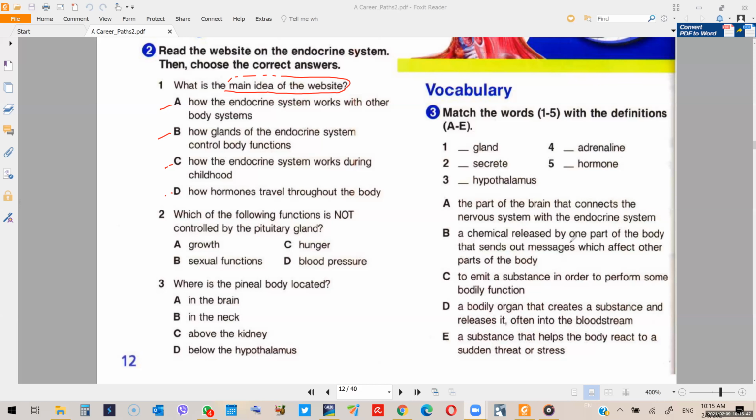Yes, the answer is B. Good. So the main idea of the website is how glands of the endocrine system control body functions. Okay. Now let's do number 2.